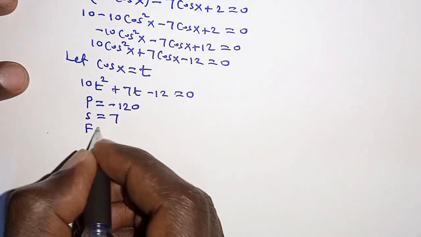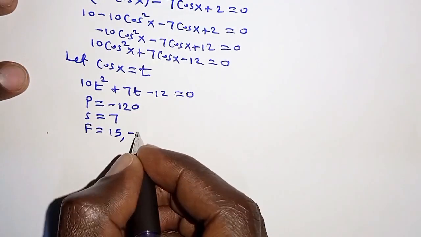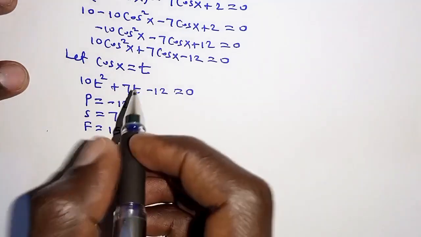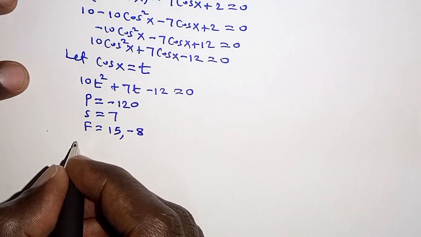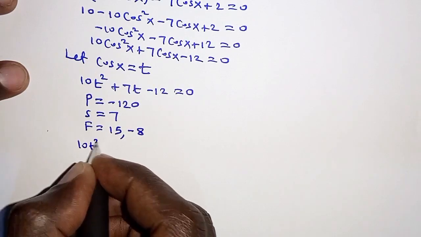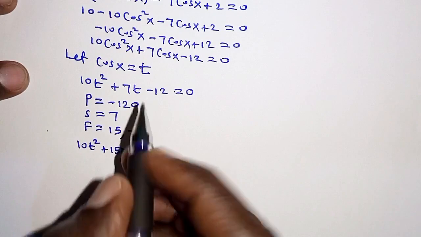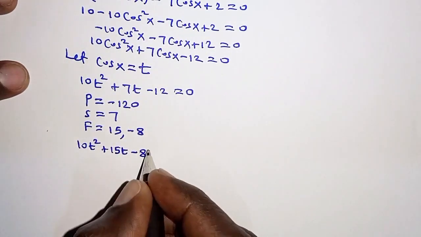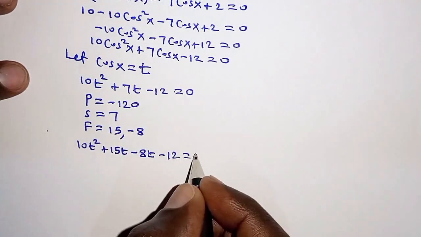And the two factors are 15 and negative 8. Using this to split the middle part, we will have 10t squared plus 15t, and in place of 7t, we'll have 15t minus 8t, and then minus 12 is equal to 0.